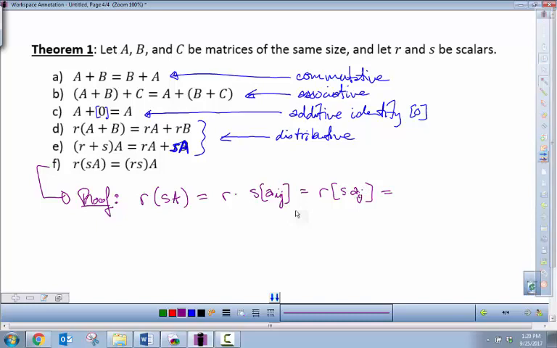So each of the elements now are S times the entry, and then we can multiply the whole thing by R inside. And then we can gather the RS out, and then we can take that out of the matrix.